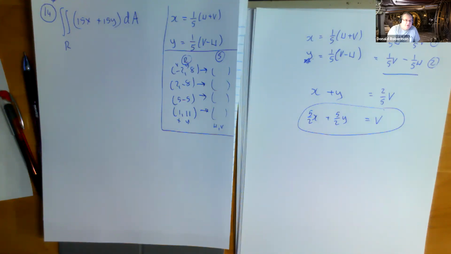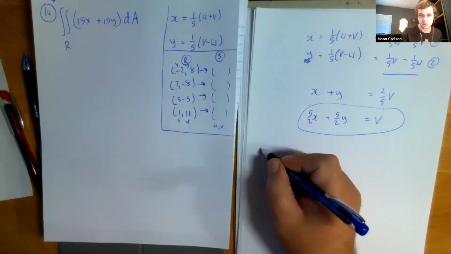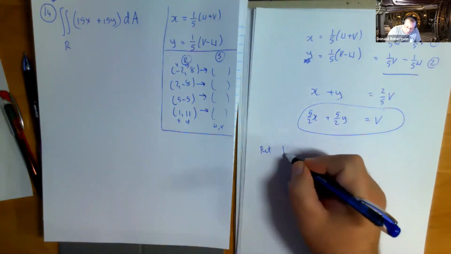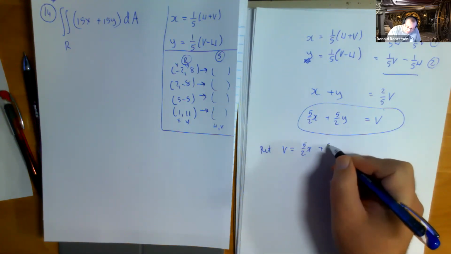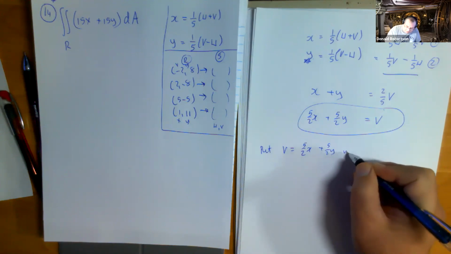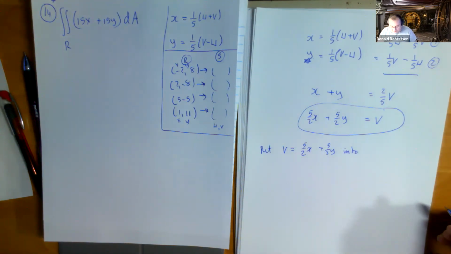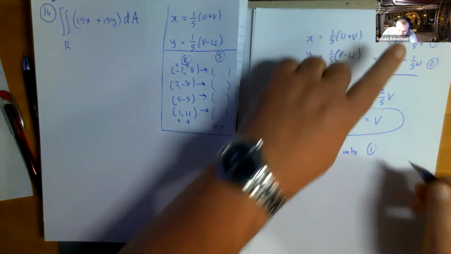Now, how am I going to find out what u is then? Plug that back into another equation. So I'm going to put this in. It really doesn't matter which one I plug into. Let's plug into 1.